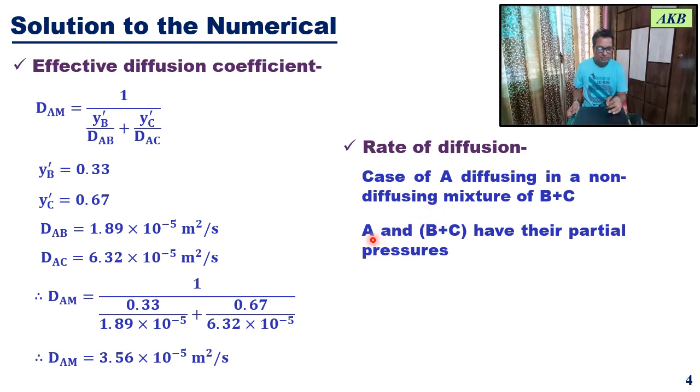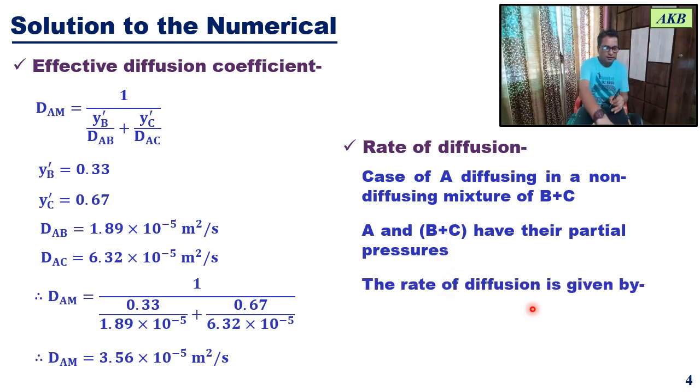A and B plus C have their partial pressure. So A will be exerting its partial pressure, and B plus C, the stagnant mixture, will be exerting a combined partial pressure. The case I have already discussed.